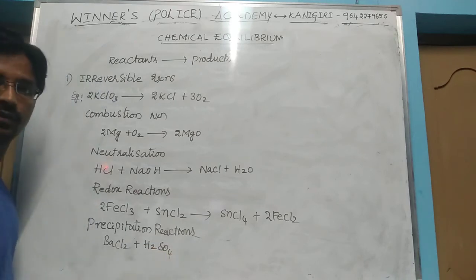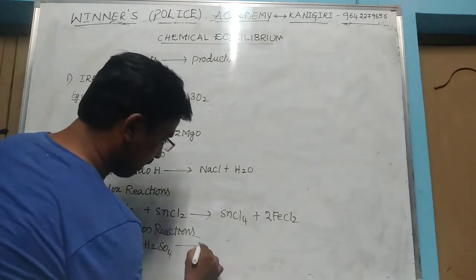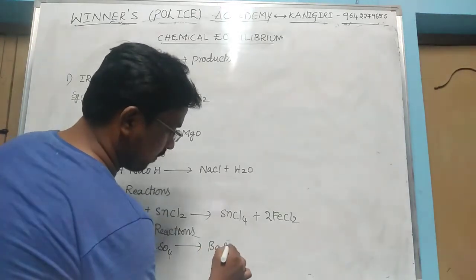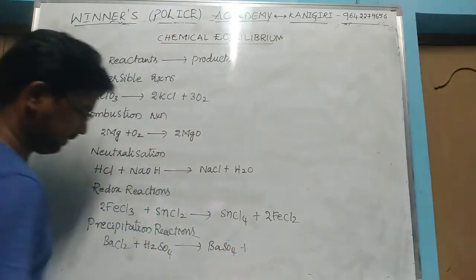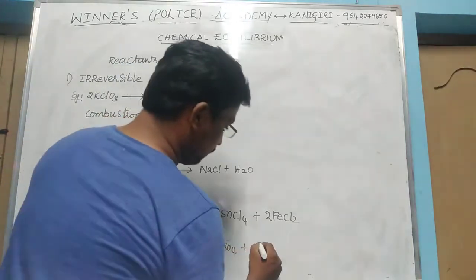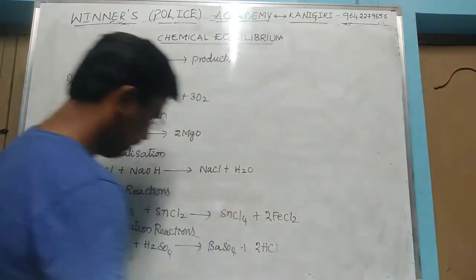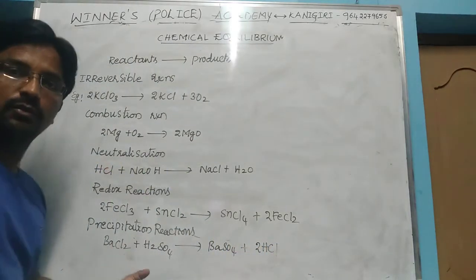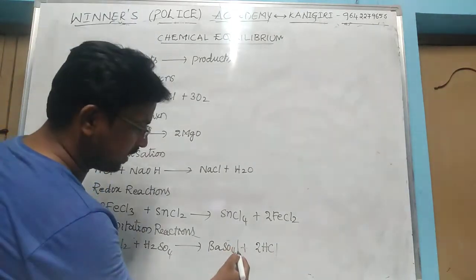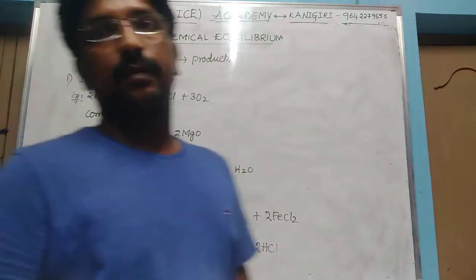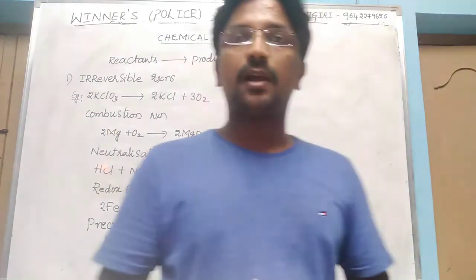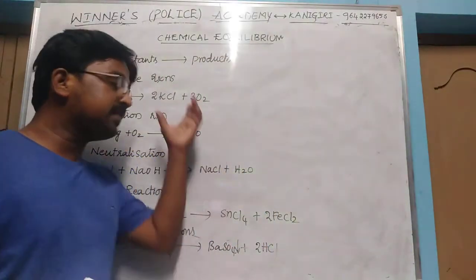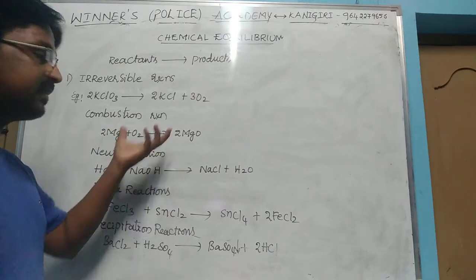They form BaSO4 plus 2HCl. Here BaSO4 is a precipitate. It is represented with a downward arrow. So this is an irreversible reaction example.